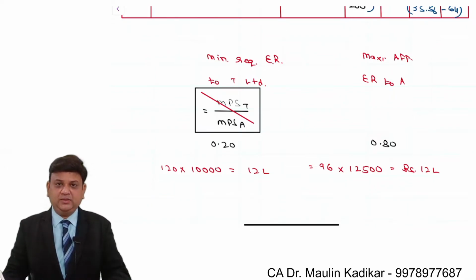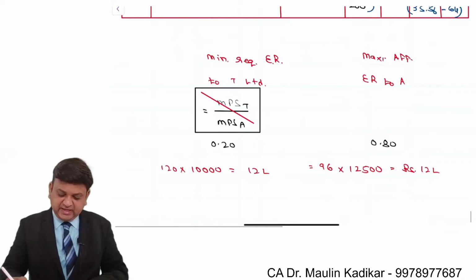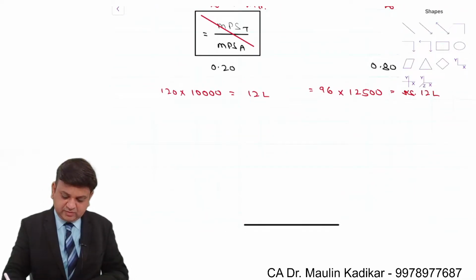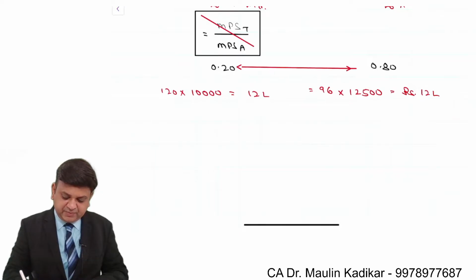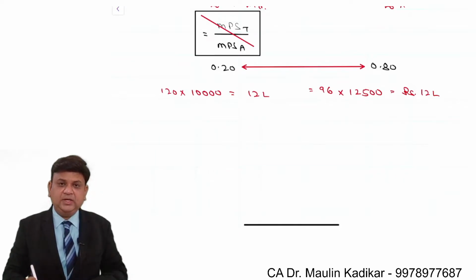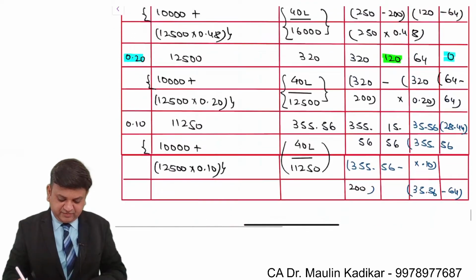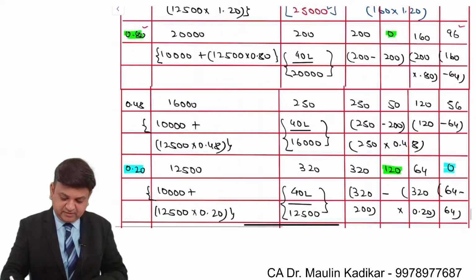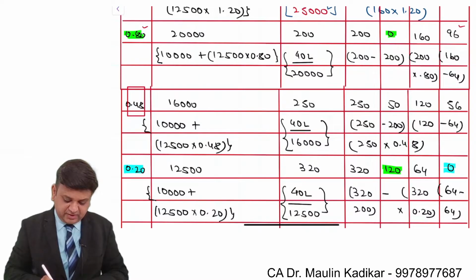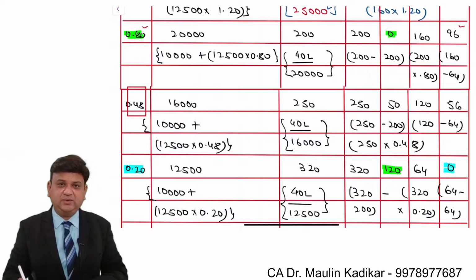Now the last point, we understand that any exchange ratio which is falling between these two limits will give profit to both of them, to acquiring company as well as to the target company. That is what we understand. For example, we have an exchange ratio of 0.48. That exchange ratio is falling between 0.20 and 0.80.